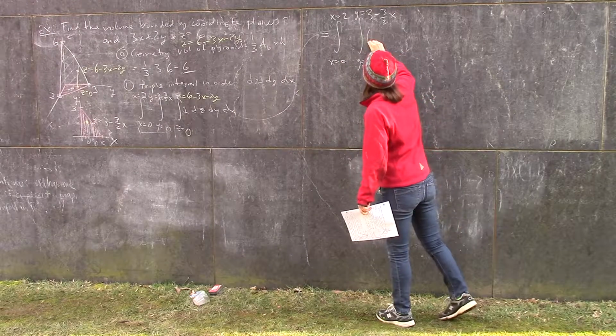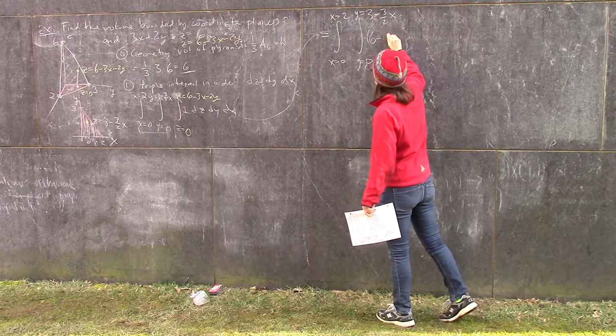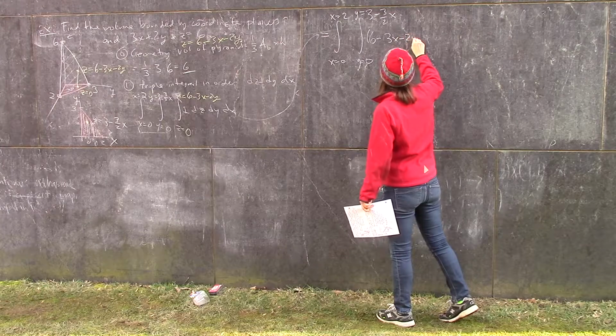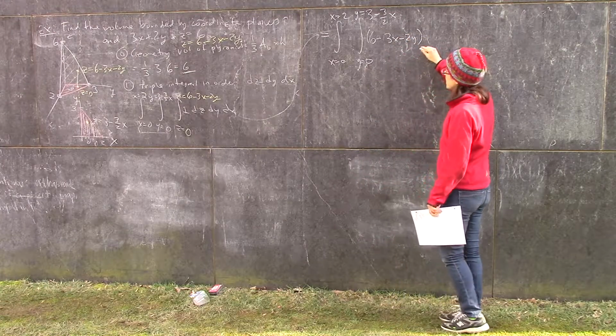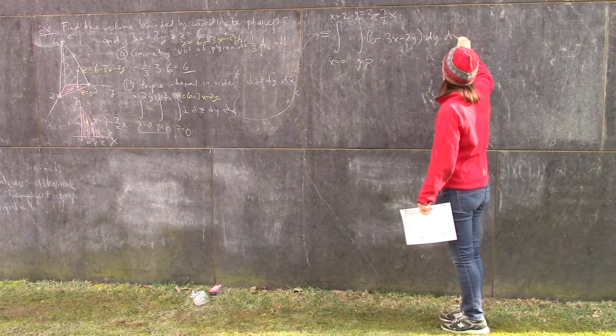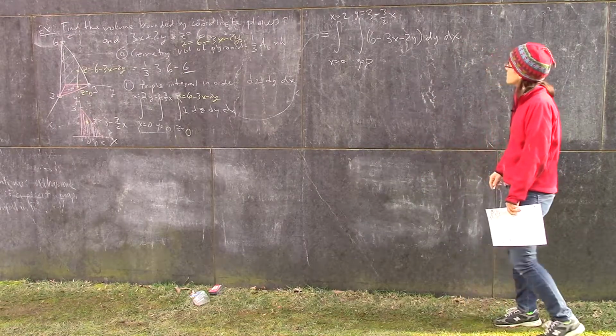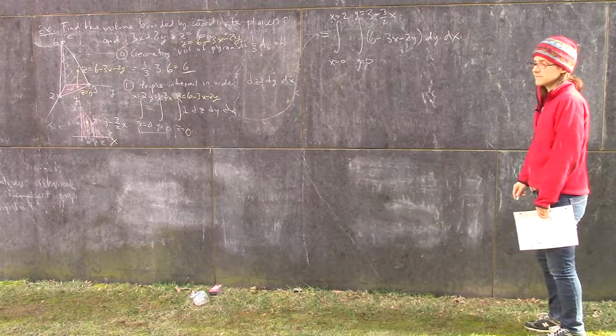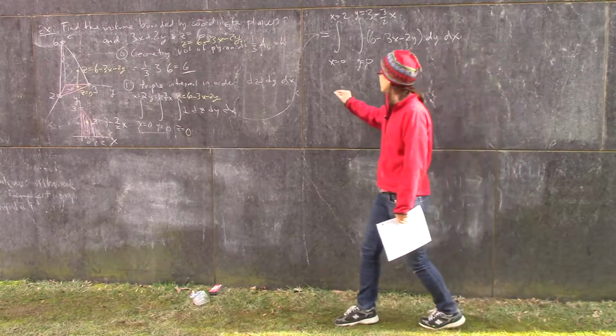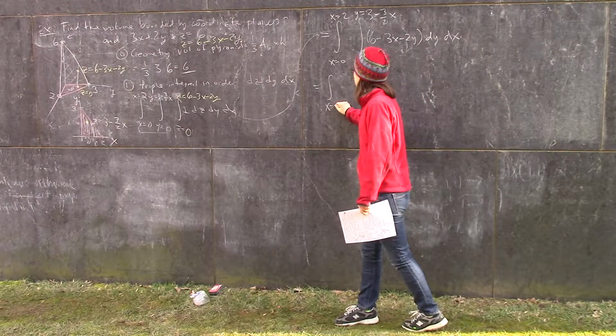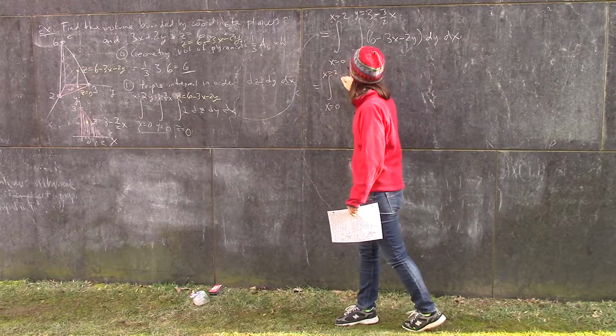So we get 6 minus 3x minus 2y, and then we're integrating that dy, and dx. Okay, and now it's a familiar double integral. Now we just have to do it. Okay, let's do it. Copy the outer integral, x goes from 0 to 2.